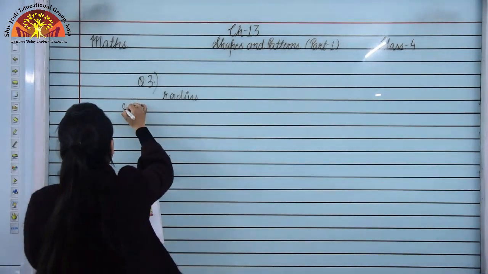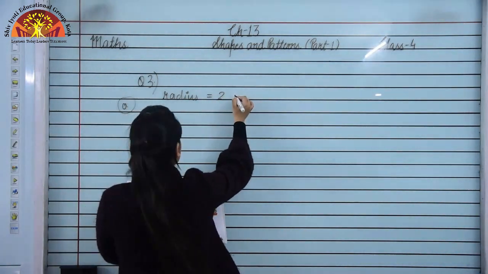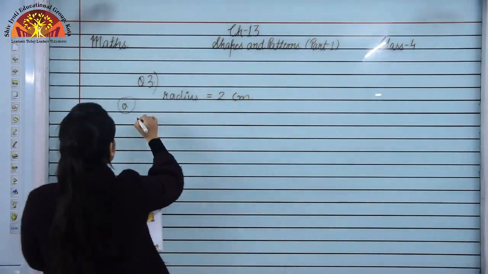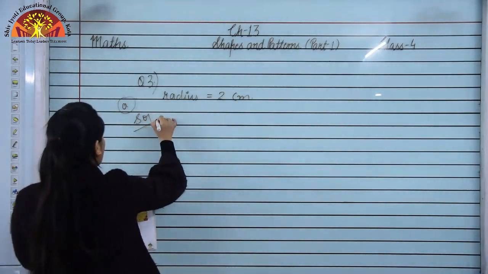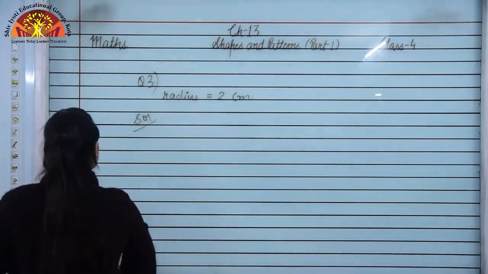We are taking A part of this question and radius is given as 2 centimeter in this question and we have to find the diameter of the circle.